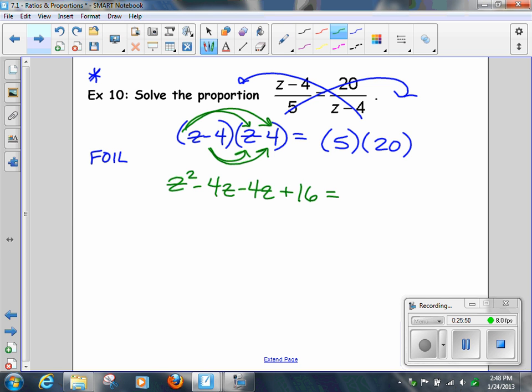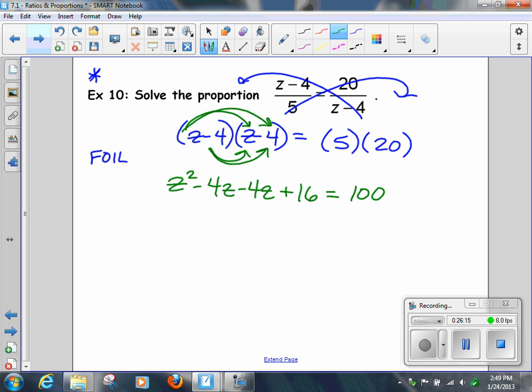Look at it again. This is just multiplying two binomials together using the FOIL method. Z times Z is Z squared. Z times negative 4 is negative 4Z. Negative 4 times Z is negative 4Z. Negative 4 times negative 4 is positive 16, right on? What's 5 times 20?